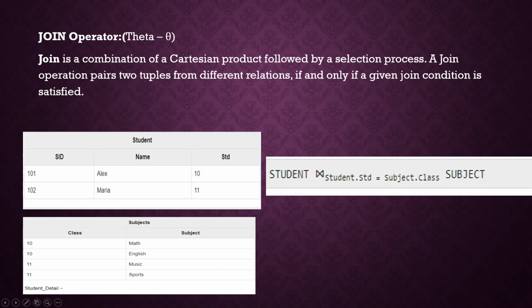Here, instead of standard, class is given, class 10, 11, 11, and subject is given as maths, English, music, sports, etc. To join these two tables we need a common attribute in both tables. In the first table it is STD and in the second table it is class, which is almost the same. Here, instead of STD, it is class.